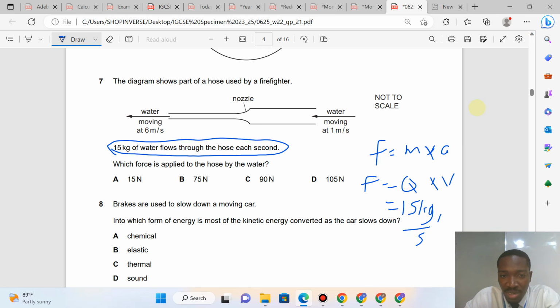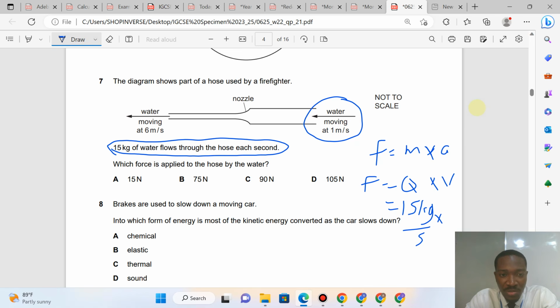If you multiply it by the speed in which the water is moving, which is what? What's the speed? Okay, so water moving in at 1 meter per second, water moving out at 6 meters per second. Good. So you multiply it by the change in speed, which is from 1 meter per second to 6 meters per second.